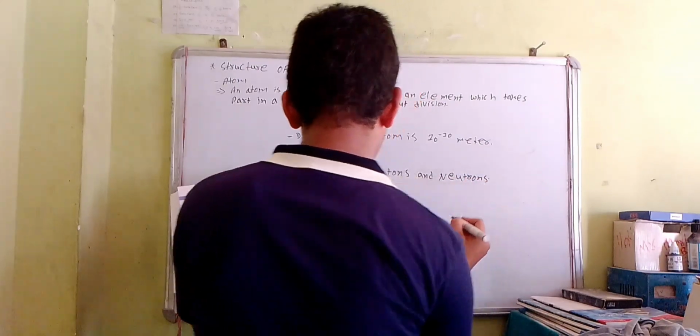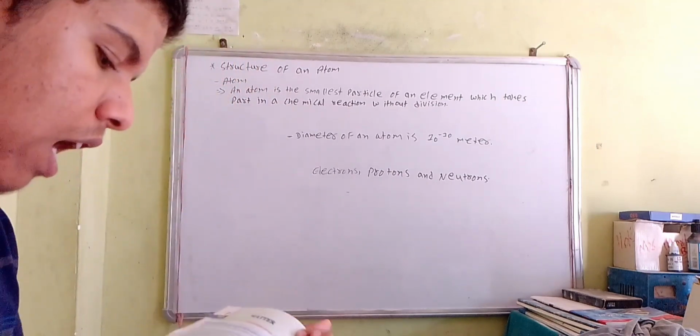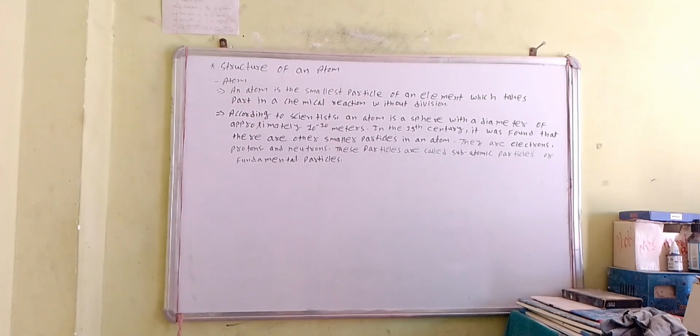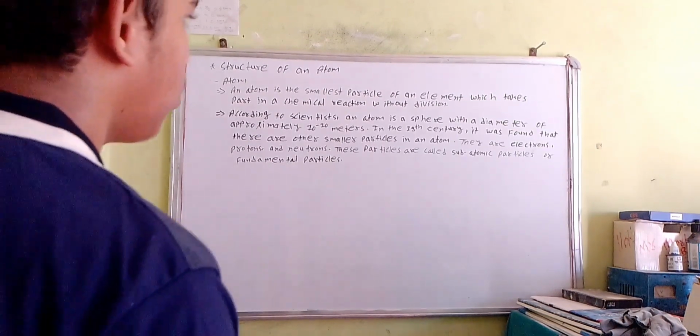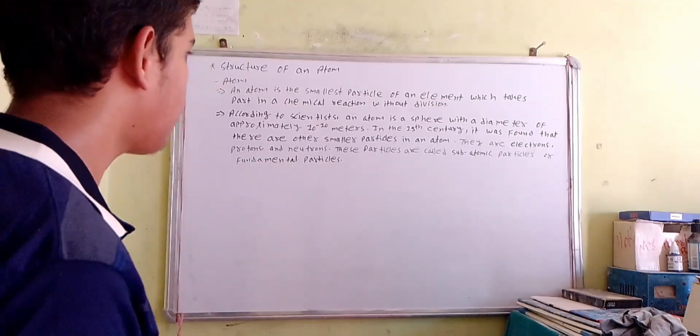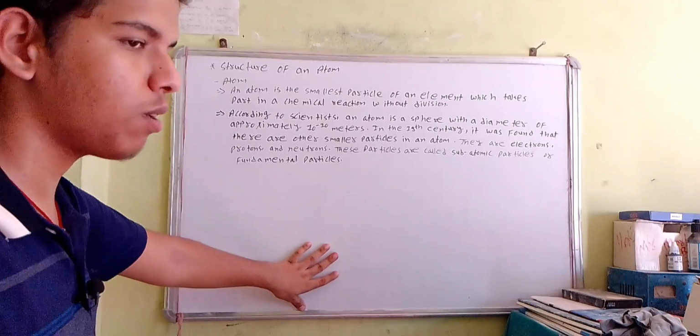These particles are called subatomic particles or fundamental particles. So this is the note. I'm also making notes for you guys, so you can copy. I'm doing very hard work for you, so make sure you subscribe to the channel.